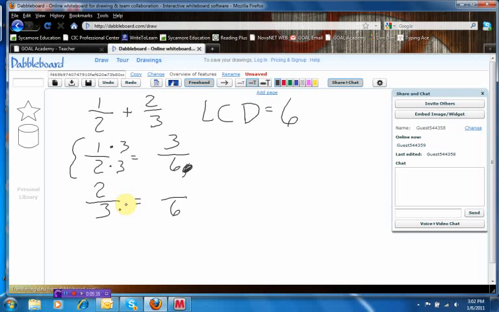So 3 times 2 equals 6. Then you have to multiply the numerator by 2 also. So 2 times 2 equals 4, right? Okay. So then you can rewrite your fractions. 3 over 6 plus 4 over 6. Or I'm sorry, oh, that should be a 6.